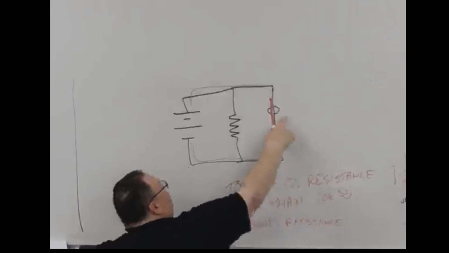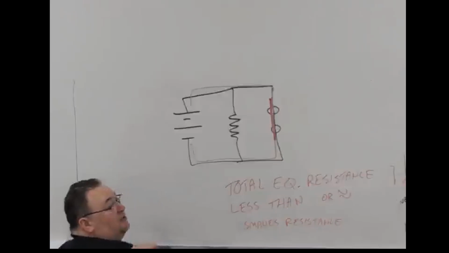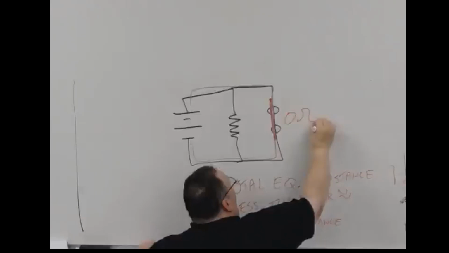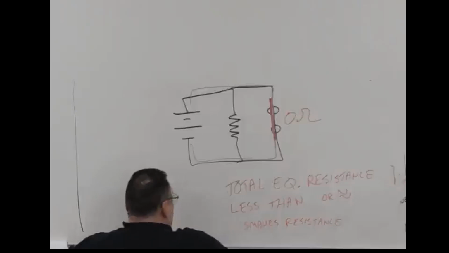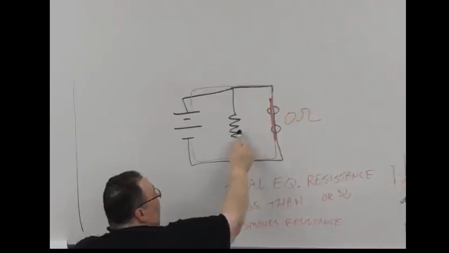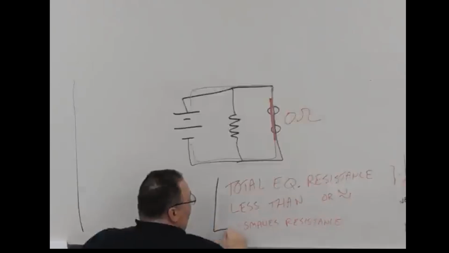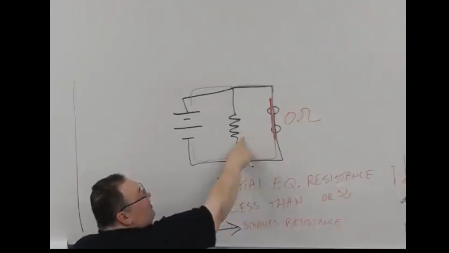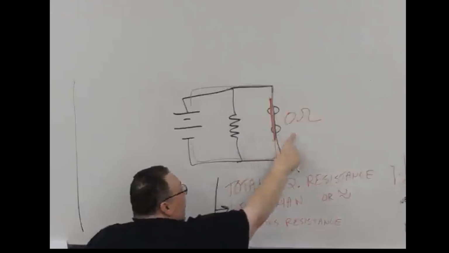Well, how much resistance is on a short? How many ohms? 0 ohms. If I have 0 ohms in parallel with anything, what is my total going to be? It's going to be 0 ohms. I don't care if I have 500 million megaohms. It's in parallel with 0.